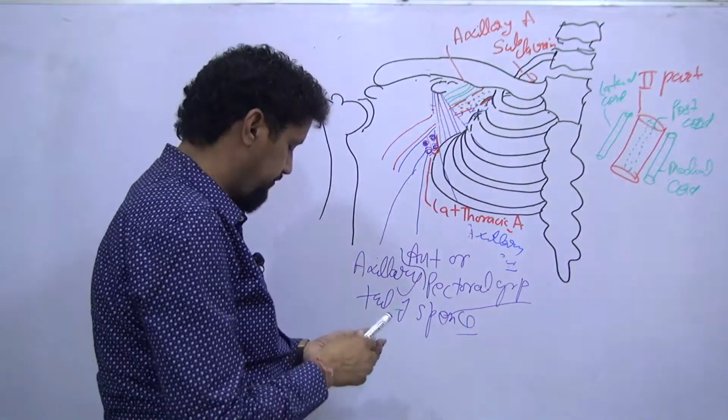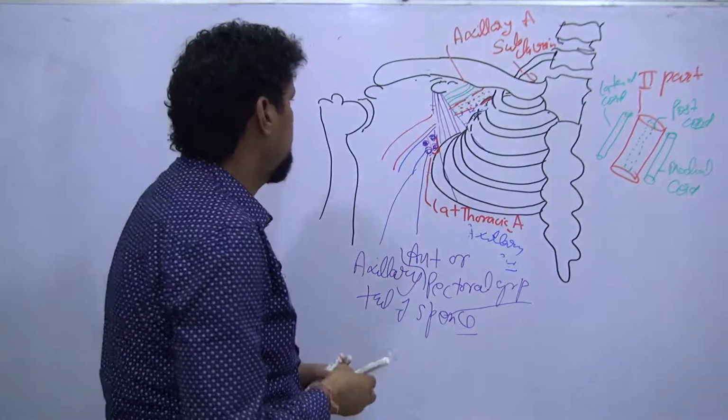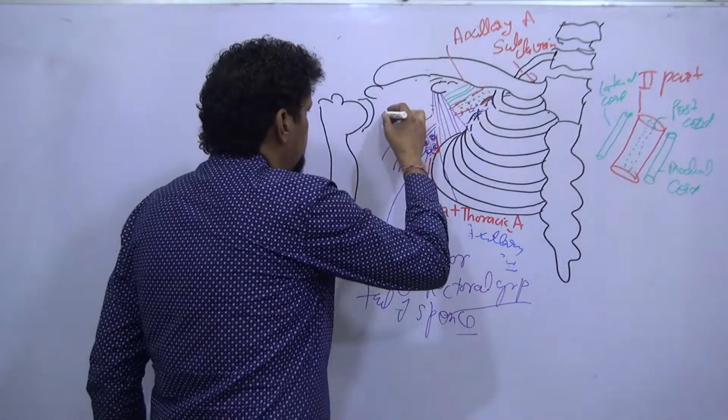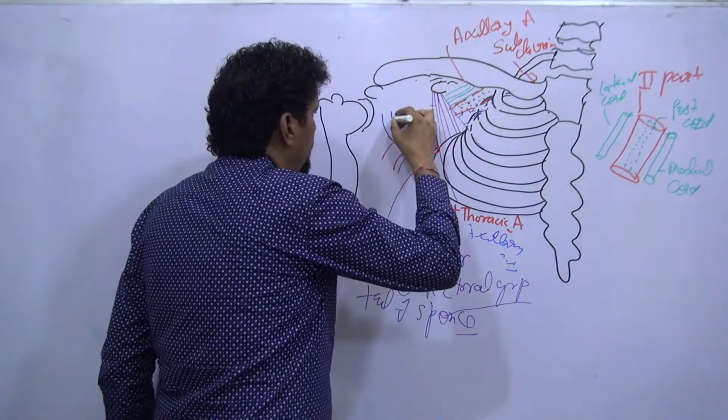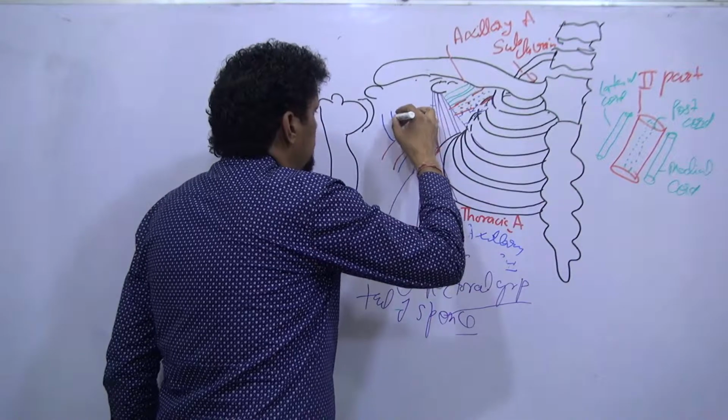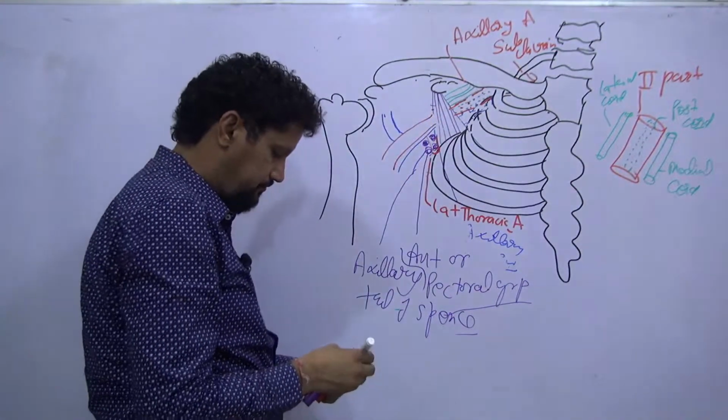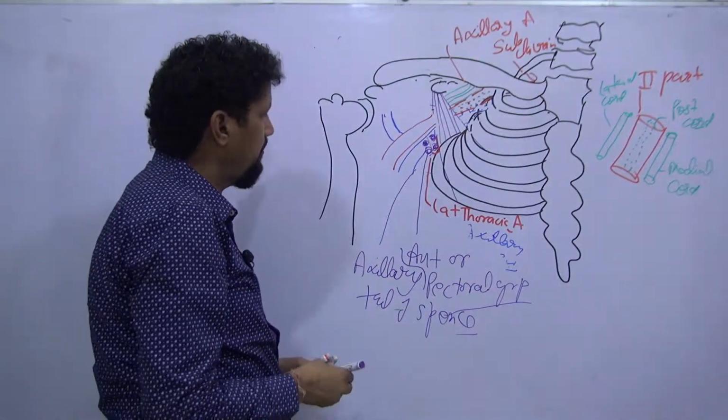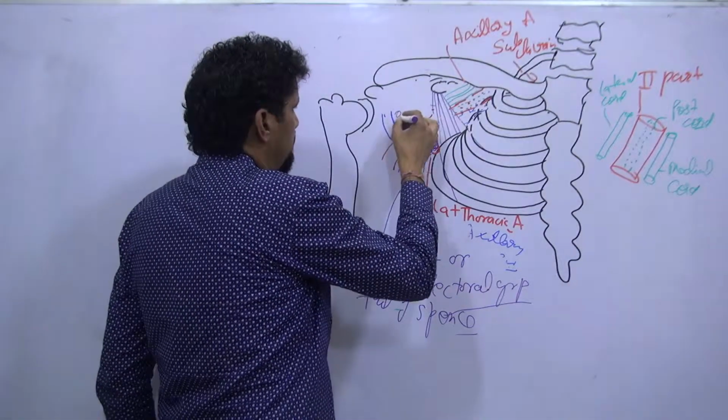The other group, which runs along the line of the subscapular vein, is the posterior group or the scapular group.